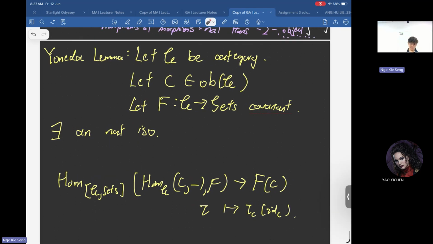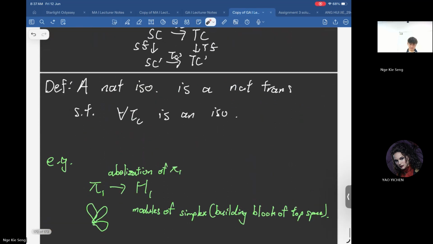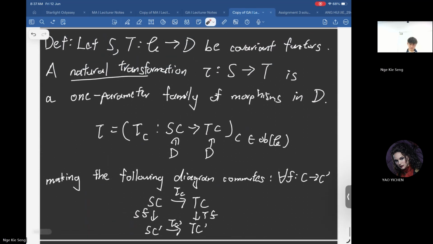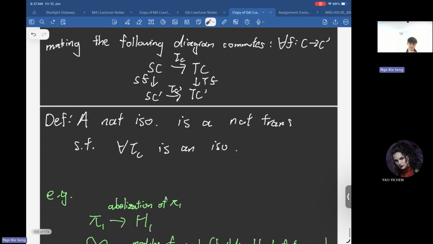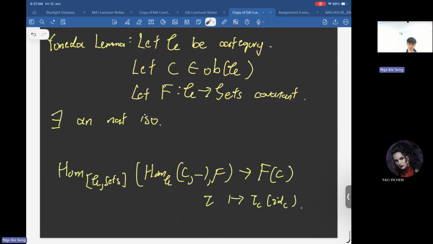Our natural transformation should go between two functors. Where are the two functors we want it to go between? I guess this y here.